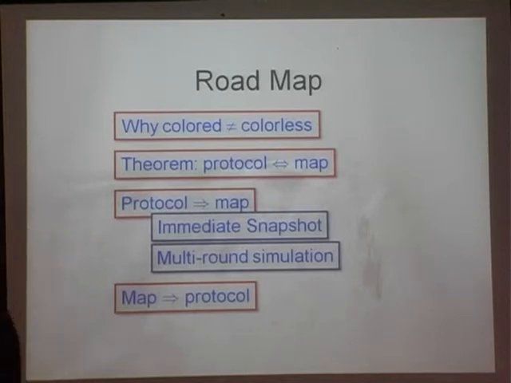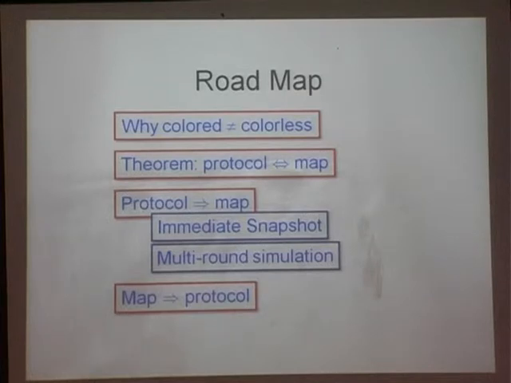But can you say that there is a simulation, to prove that? Or is this what you prove now? Yeah. So what I prove now is that there is a simulation, so that no matter what your read-write protocol does, I can simulate it in this very simple form of doing the repeated immediate snapshot. The way I do this is I run the repeated immediate snapshot, and on the side, I do the simulation.